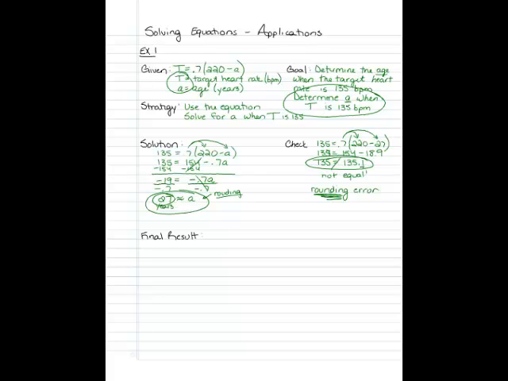So our answer still checks. Our final result, writing it as a complete sentence: a person who is about 27 years of age will have a target heart rate of 135 beats per minute.